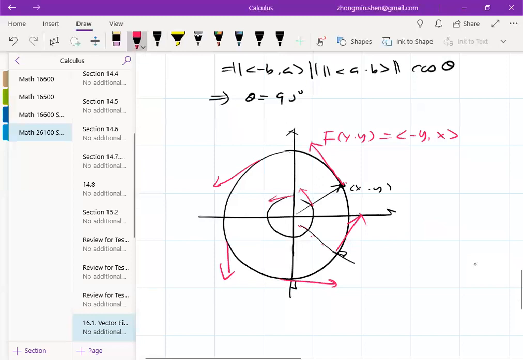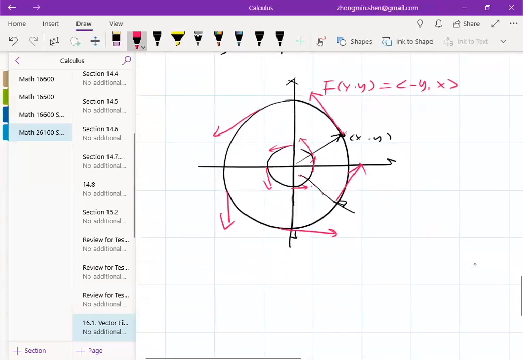That's it. But they're all tangent to the circle. So you can see that this is a special vector field, and it's rotating around the center, but it's getting longer and longer when it's getting away.